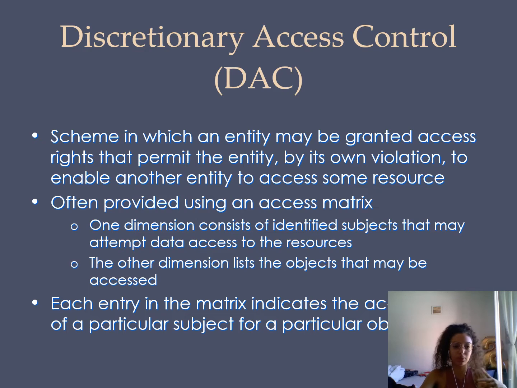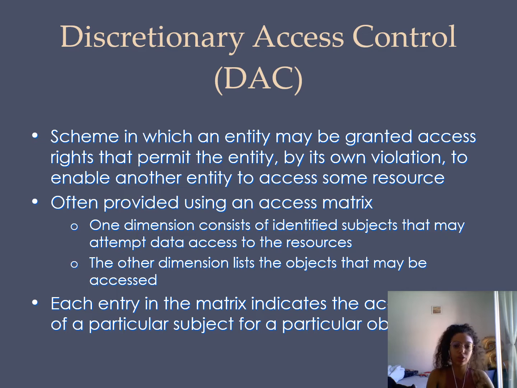One dimension of this matrix would consist of identified subjects that may attempt data access to the resources. Typically, this list will consist of individual users or user groups, although access could be controlled for terminals, network equipment, hosts, or applications instead of or in addition to users.